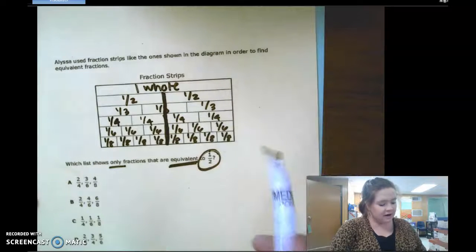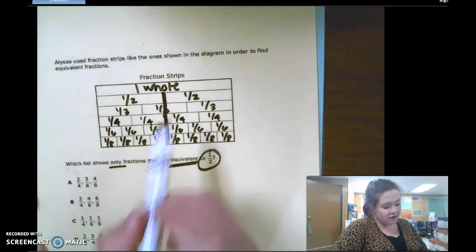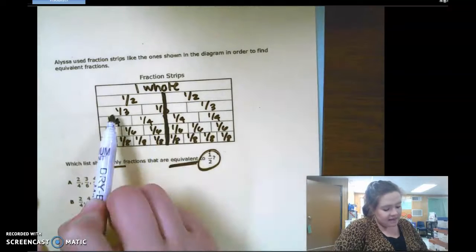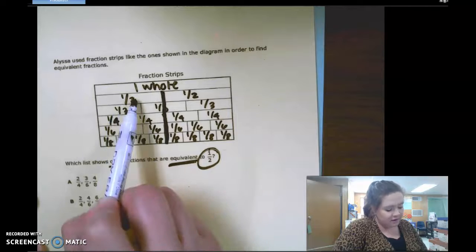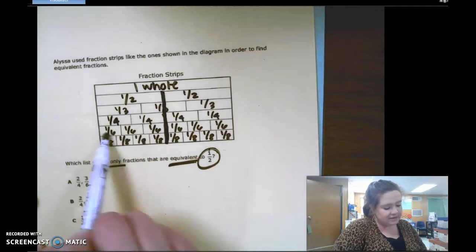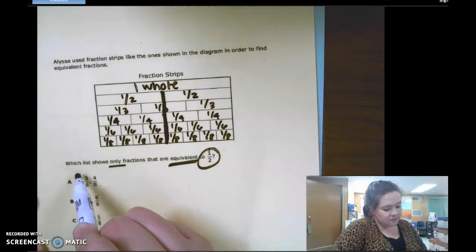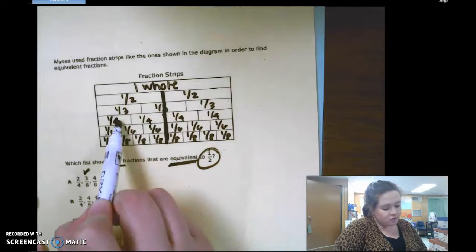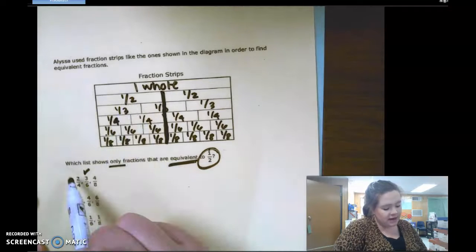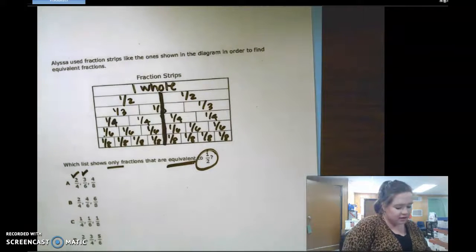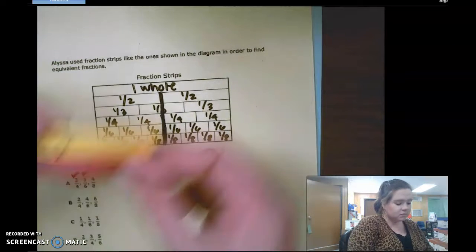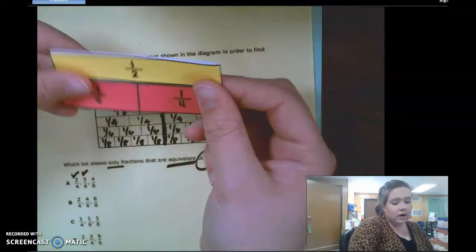If I go down right there, that is 1/2, okay? 1/2 and 3/6. That is true. 2/4. 1, 2. 2/4 and 1/2. That is true. Also, you could be using your fraction strips.